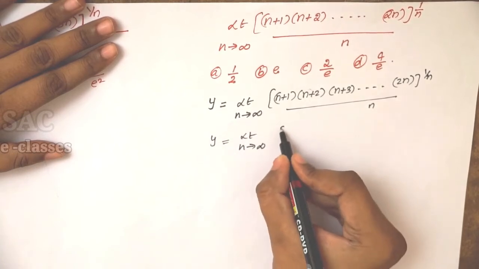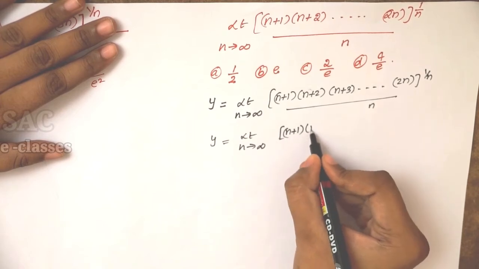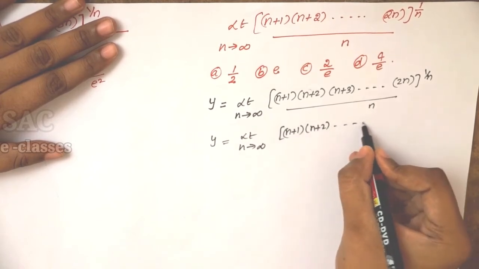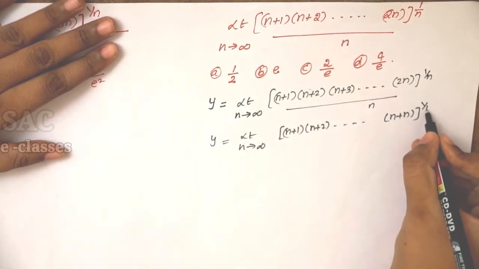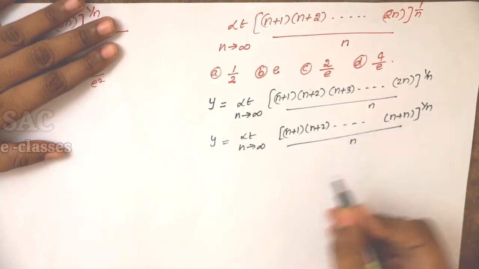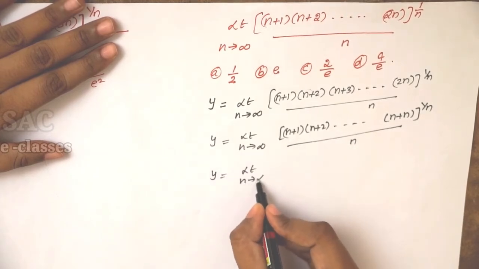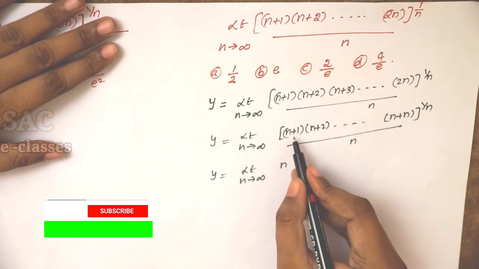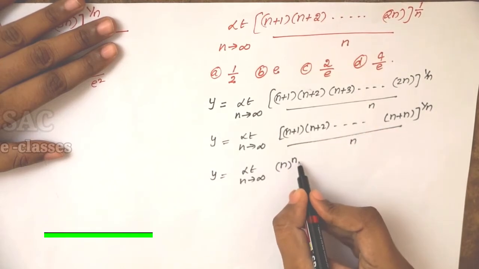It ends with 2n, so you can write it as n plus n, whole power 1 by n. So what I am going to do is take out n as common from all the n terms. So it will become n power n.